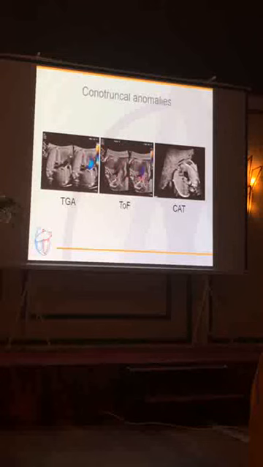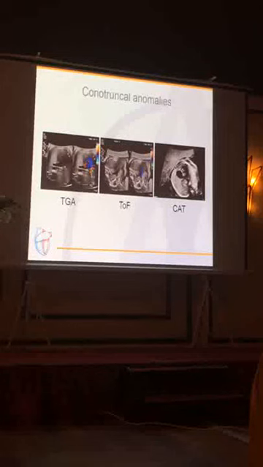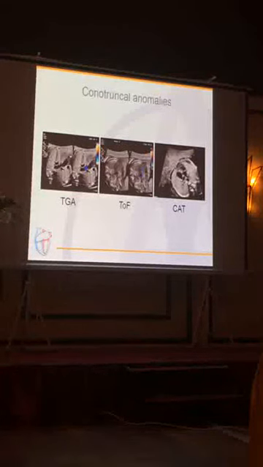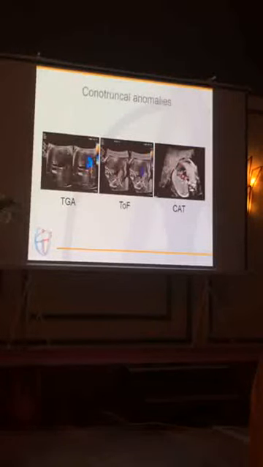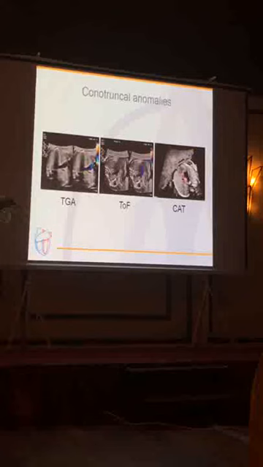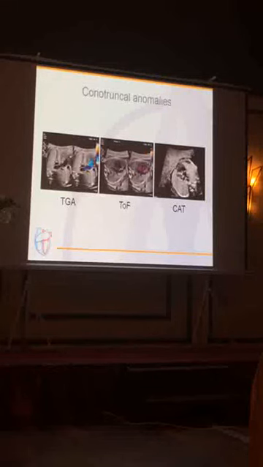In tetralogy of Fallot, you could see bigger aorta and small pulmonary trunk and pulmonary arteries, and occasionally, like here, you can just see one vessel, and the other one could be hidden. And in this case, this is the truncus arteriosus, and as you can see, also this image of the three-vessel trachea is different.